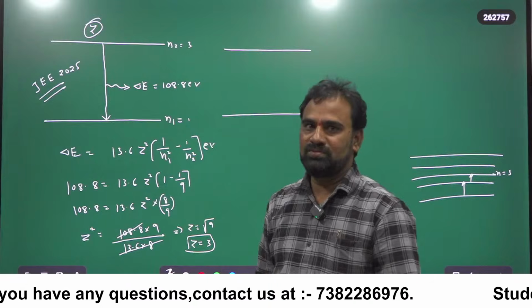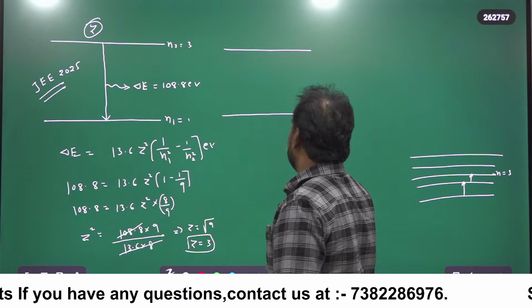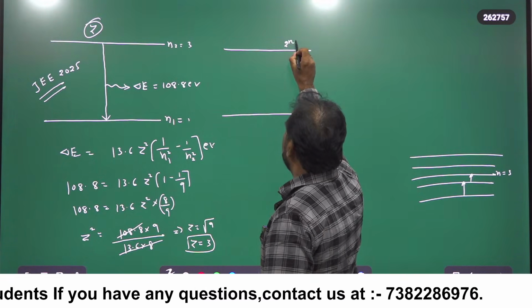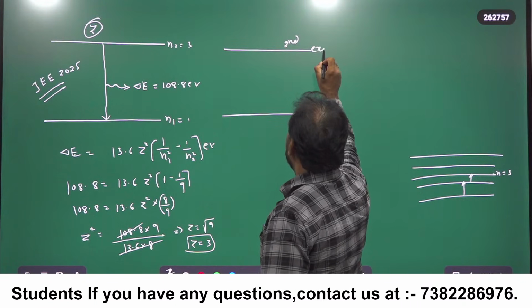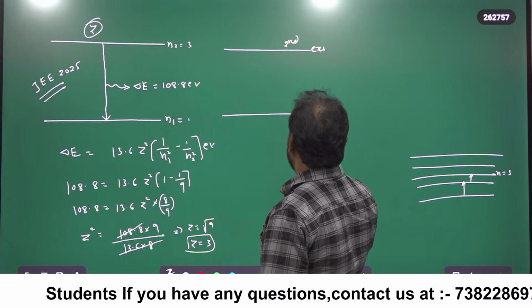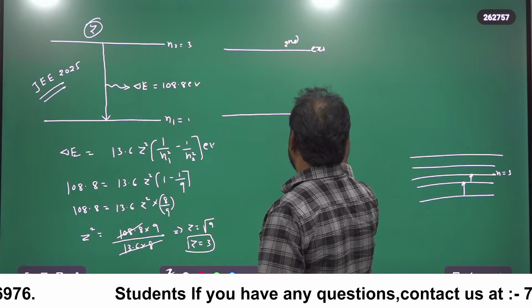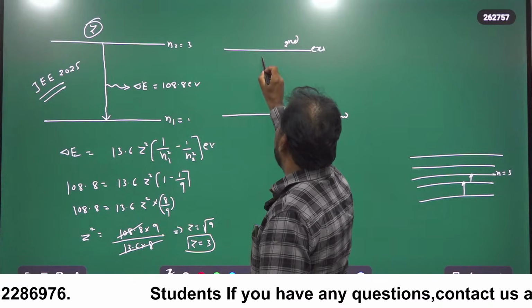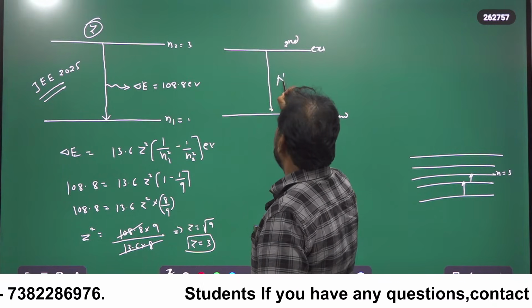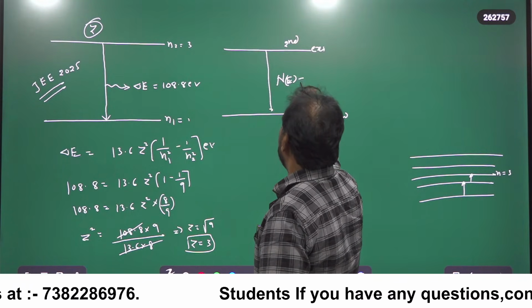Then find the number of spectral lines formed in that case. How many spectral lines are formed in this case?